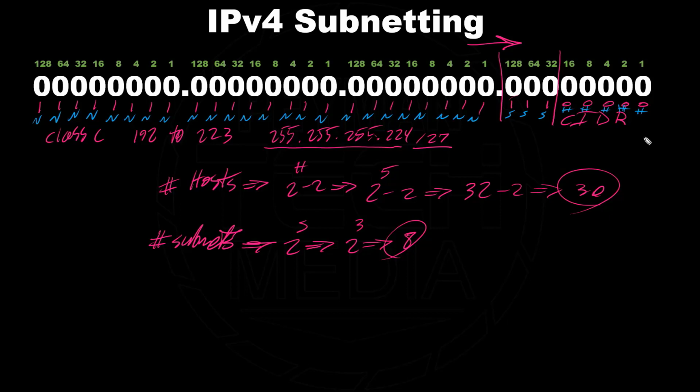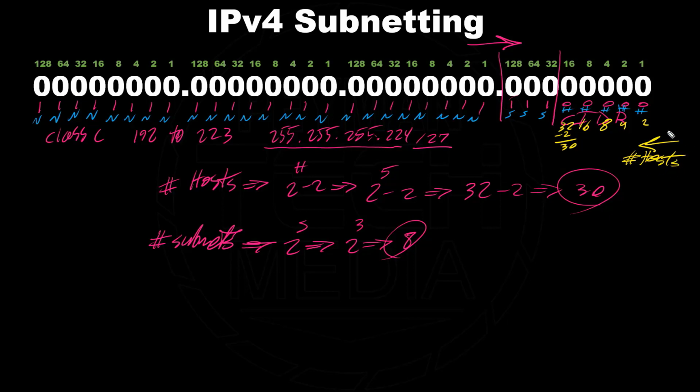I talked about the number of hosts. You can start with number 2 and go from right to left: 2, 4, 8, 16, 32, minus 2, 30, and we have to do the minus 2. That's the number of hosts.